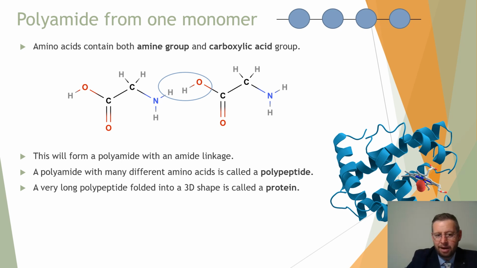Now, a polyamide with many different amino acids gets a different name. We call it a polypeptide. In this particular example, they're all the same, so it's a polyamide. A very long polypeptide folded into a 3D shape is called a protein, and believe it or not, both you and I are made of those.